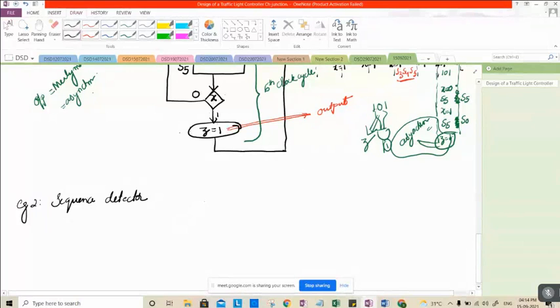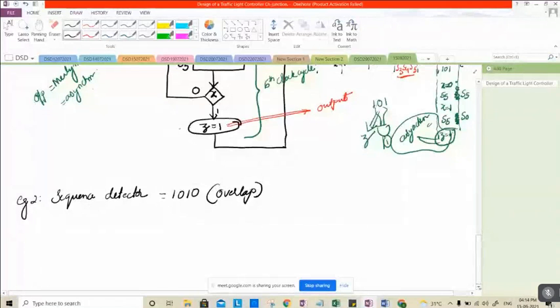Right, sequence detector, 1010 sequence detector, overlap model sequence detector.